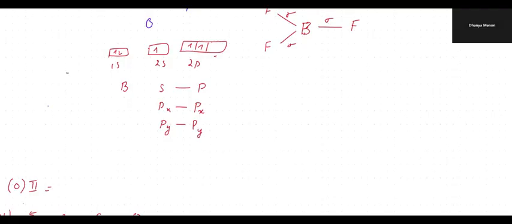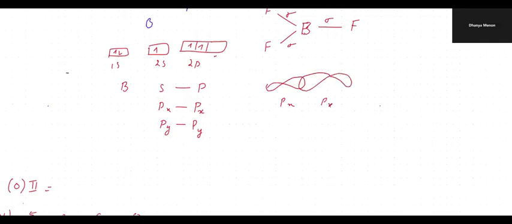Suppose this is pz and this is px. I'm just saying we can consider any of the p orbitals along any axis. If we consider that this is pz and this is px, the orientations are different, so the overlapping will not take place. Overlapping must take place if they have the same orientation. If this is px, it will overlap with px.